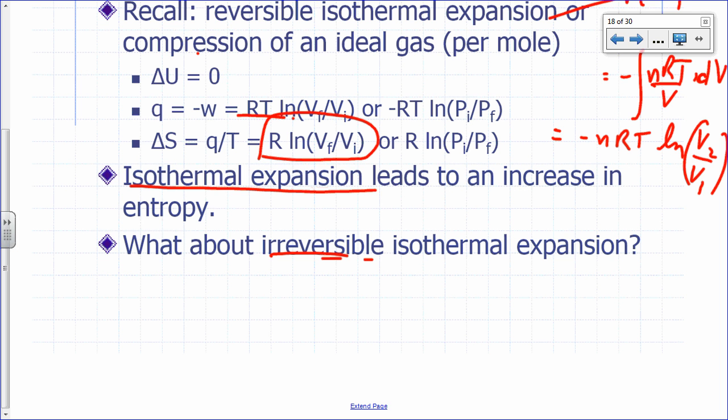It doesn't matter how it happened; just imagine a way to get from your initial state to your final state, and integrate dq over T for that process that you imagine. That process must be reversible. That's why we're building up our arsenal of formulas for the different types of processes, so we can link them together to imagine any sequence of processes for whatever we might be interested in. Okay?